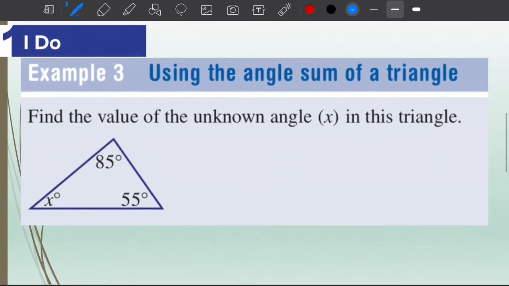All right, let me show you how to do this. You guys can just watch me do this one. I have got three angles here, and I know they have to all add up to 180. So if you remember back into your equations units, if we want to get x by itself, we need to subtract these two things over to this side.